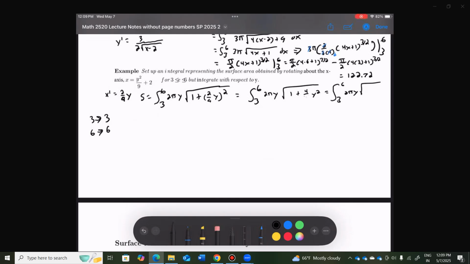I multiplied it by 4 because I got 4 on the top. 81, 9 squared is 81. Alright, then I'll find a common denominator. So 81 plus 4y squared over 81. Okay. I can pull the 1/81 out. When I pull it out from the square root, I divide by 9. I get 9, and it's in the denominator, so I have square root of 81 plus 4y squared.